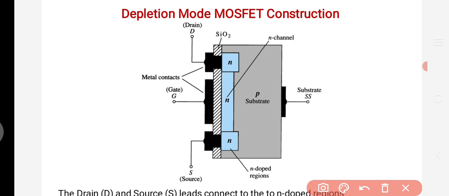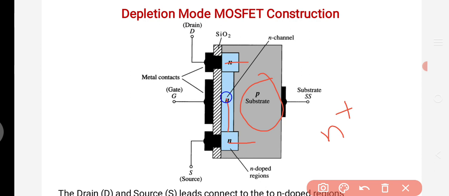Here we consider a p-type substrate. On this p-type substrate, the source and drain will be heavily doped N regions. This is our source terminal, and this will be the drain. So the source and drain are in heavily doped regions, that is the N plus region.